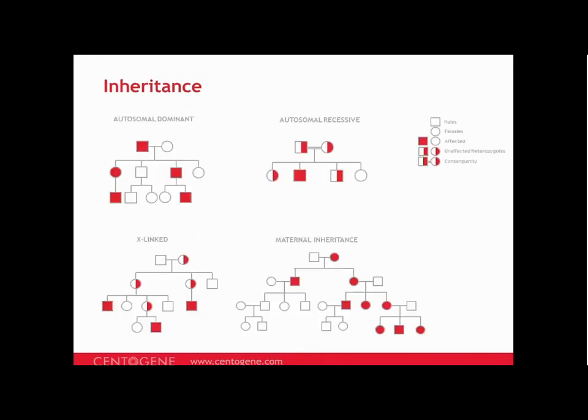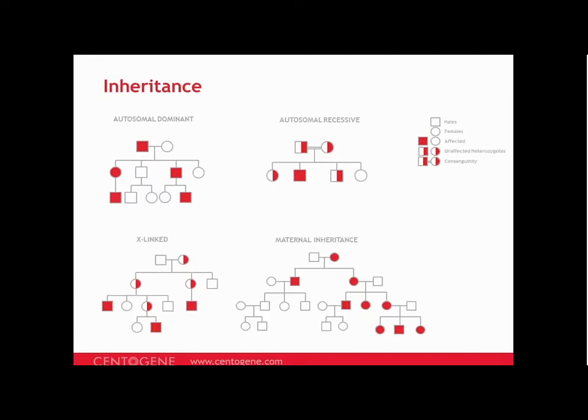Here we see the other inheritance patterns that are also possible for mitochondrial disorders. Here we have autosomal dominant and autosomal recessive inheritance patterns due to genes carried on chromosomes 1 to 22, and X-linked inheritance patterns due to genes located on the X chromosome. And you see here the difference between X-linked inheritance and maternal inheritance.